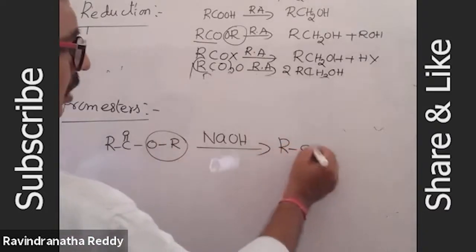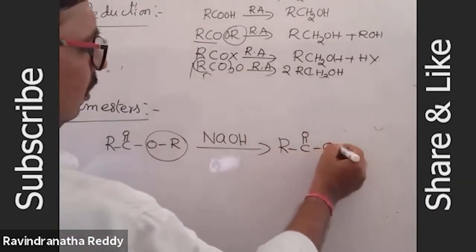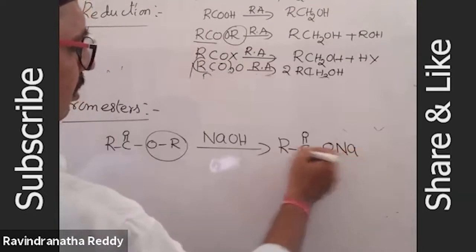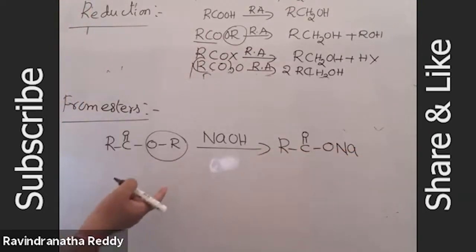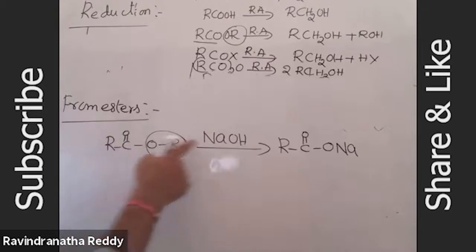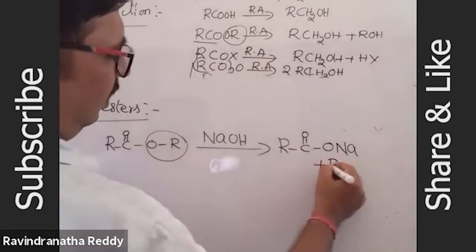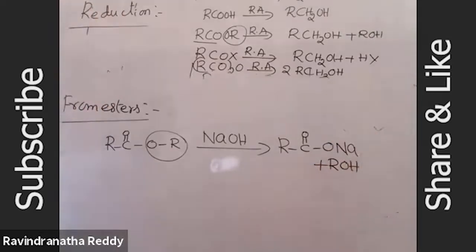You are getting RCOONa, the sodium salt of carboxylic acid. So ester means RCOOR, with basic hydrolysis you are getting RCOONa, and the other one is alcohol. Two products you are getting here: sodium salt of carboxylic acid and alcohol. This is basic hydrolysis.